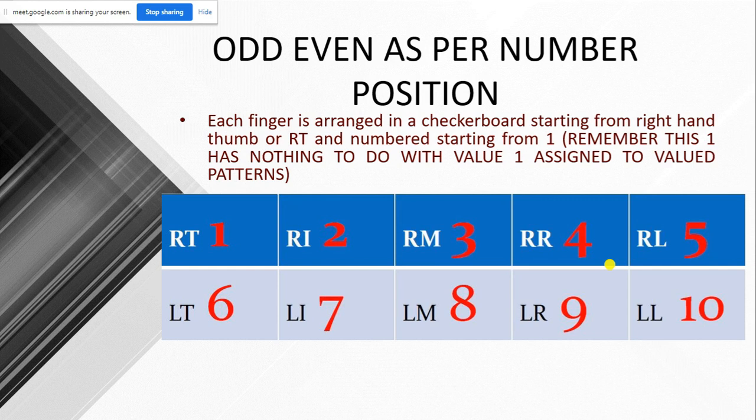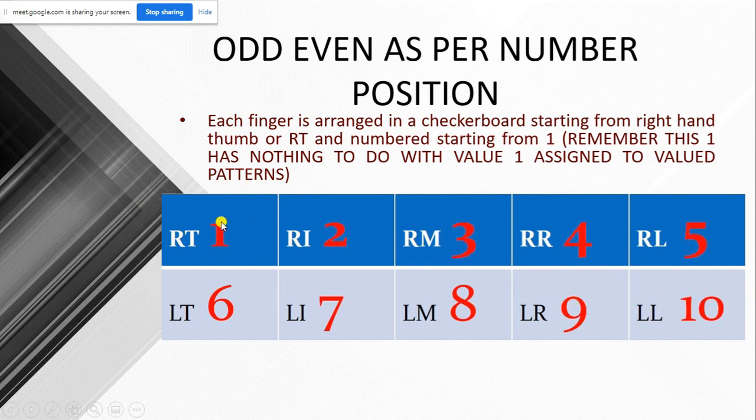This 1 has nothing to do with the whorl value 1 which we have assigned to the valued patterns. So we can see that RT is given 1st position, RI has 2nd position, RM has 3rd position, RR has 4th position, and so on and so forth. So we have a value of 1 to 10 assigned to all the 10 fingers that are present in our hands.